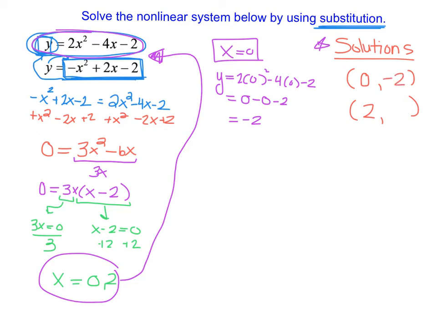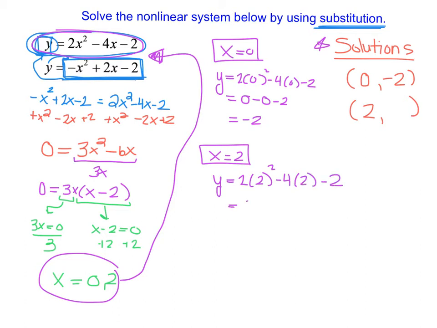And then if we repeat this process with the other x value of x equals 2, we find that y equals 2 times 2 squared minus 4 times 2 minus 2.